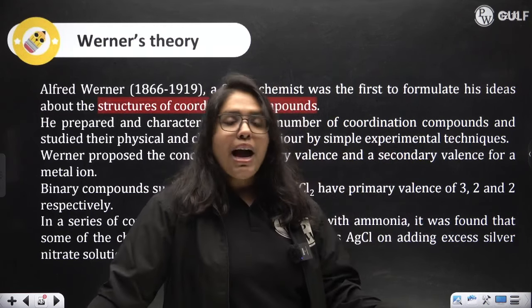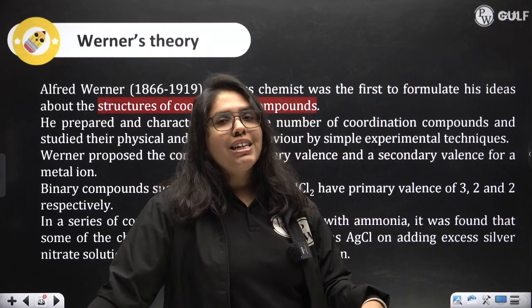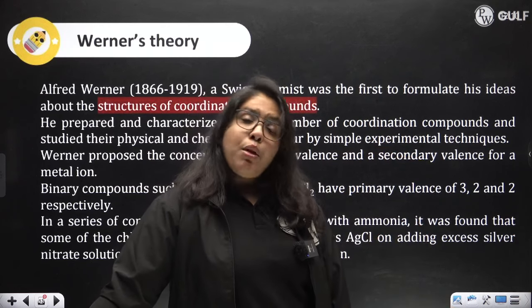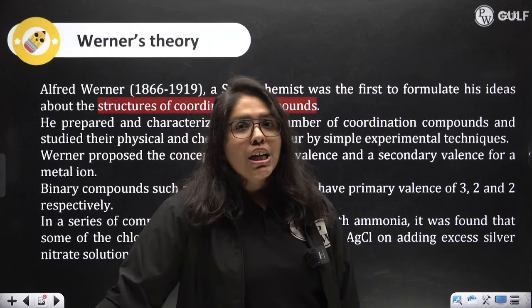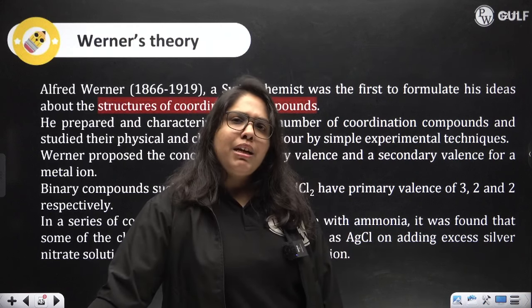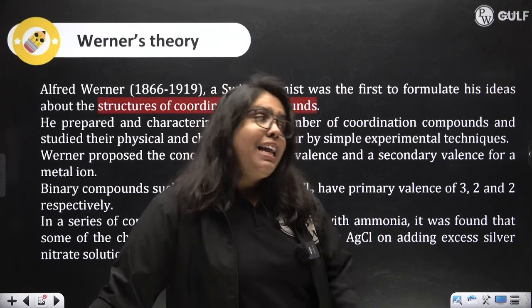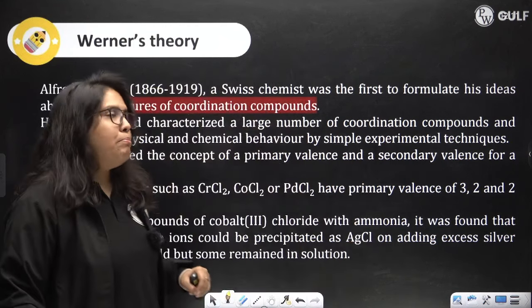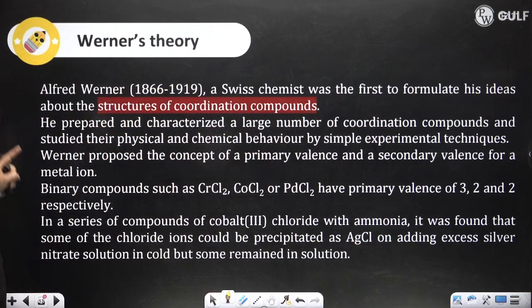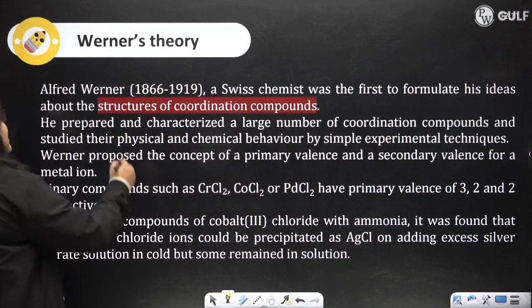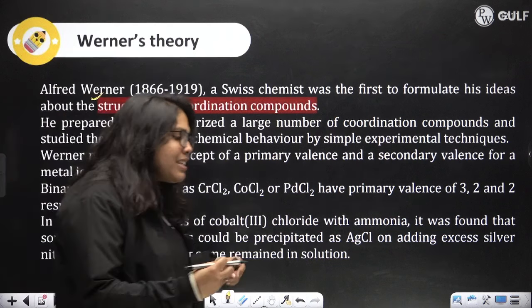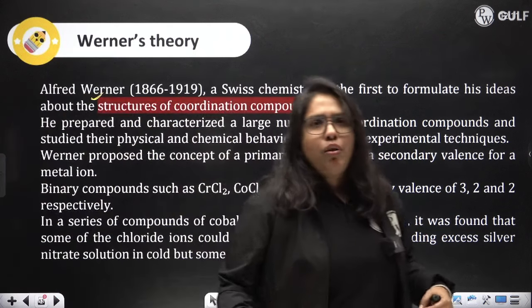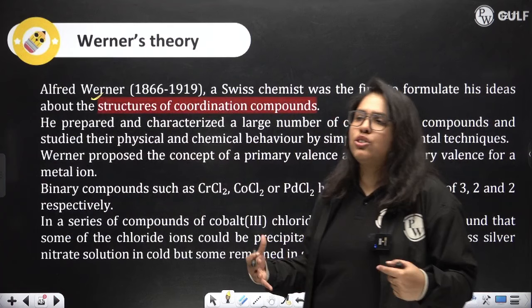The one which can be ionized is given by your counter ions. And the one which cannot be ionized, which stays intact, is nothing but the coordination number, which is your number of ligands. Now let's try to understand this better. This theory basically helps us understand the structure of coordination compounds. You can say that this was the beginning of trying to understand the structure of coordination compounds.